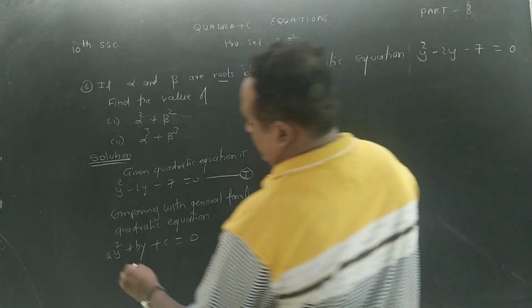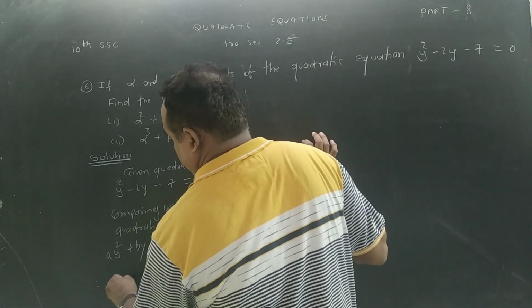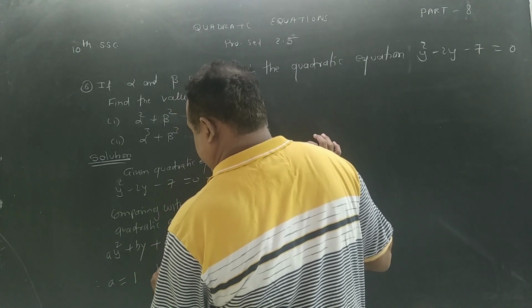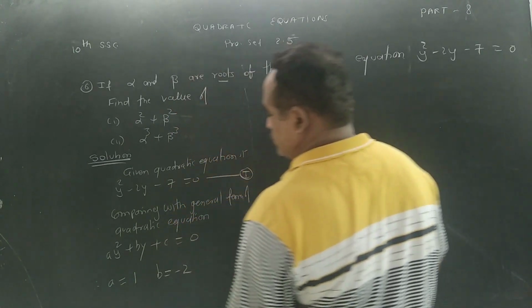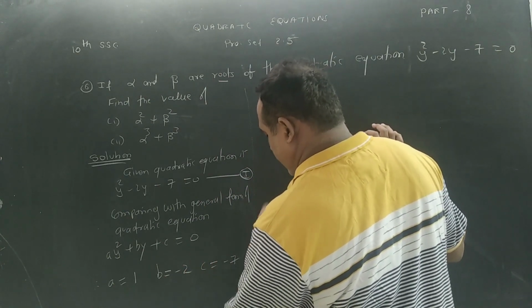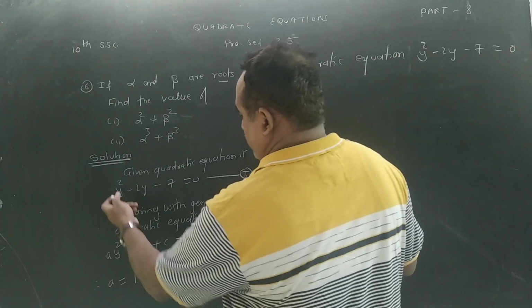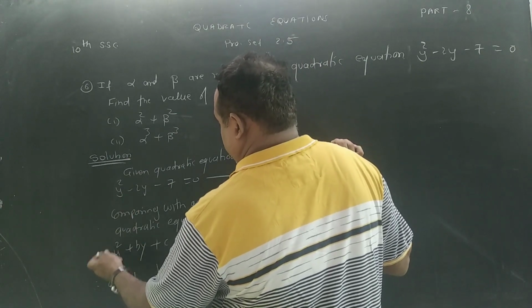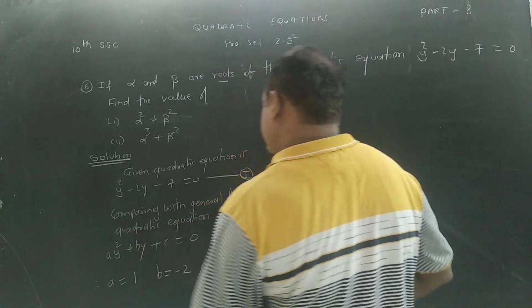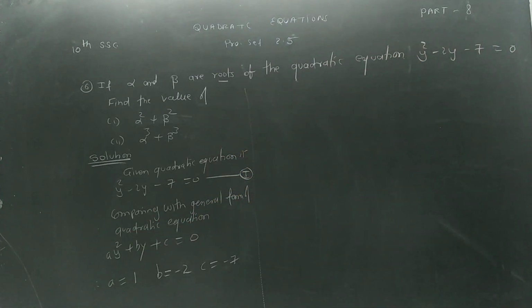So value of a is equal to 1, value of b is equal to minus 2, and value of c is equal to minus 7.